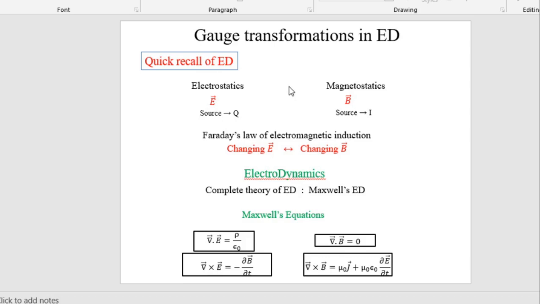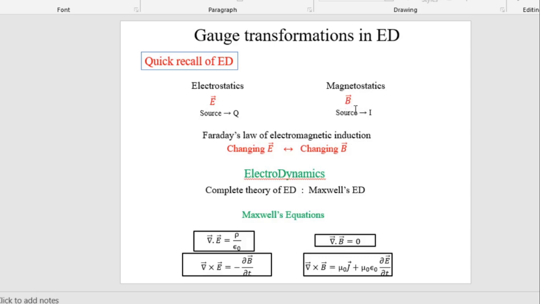So what is electrodynamics? It is basically the story of electric field and magnetic field. And if we talk about static fields, that means constant fields, then we can separate them into two parts. One is electrostatics, that involves the electric field only, and the other one is magnetostatics, that involves the study of magnetic field only.